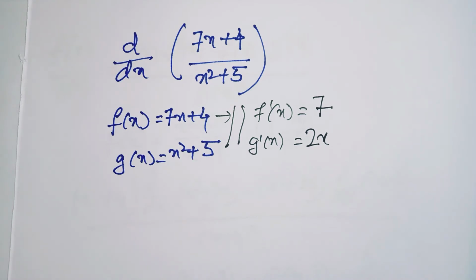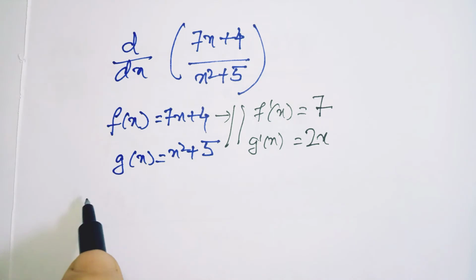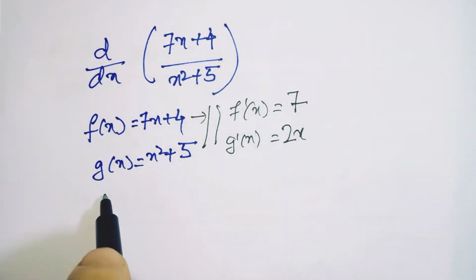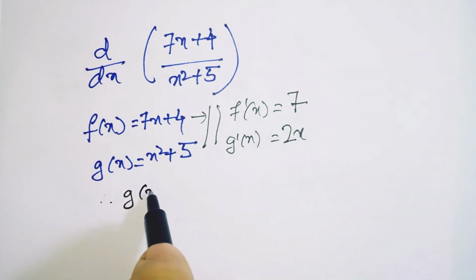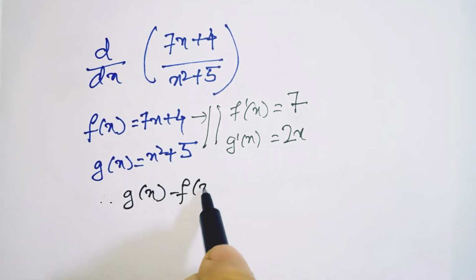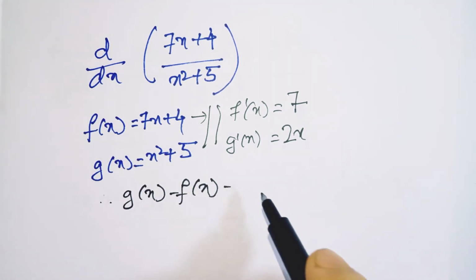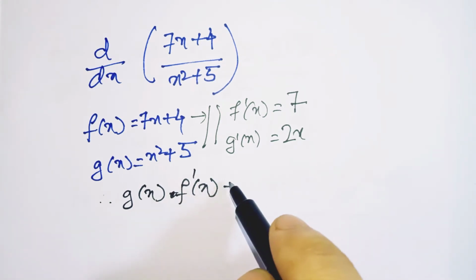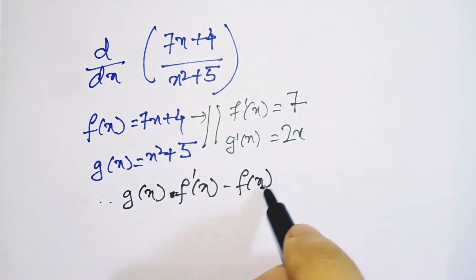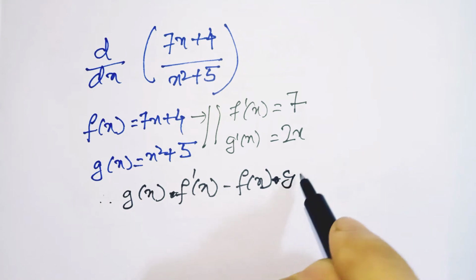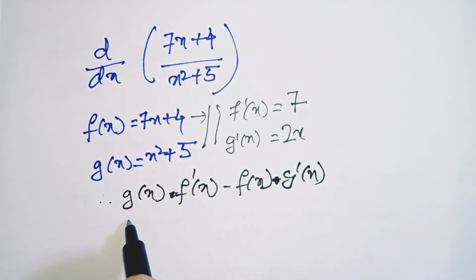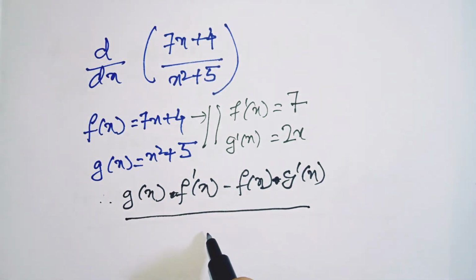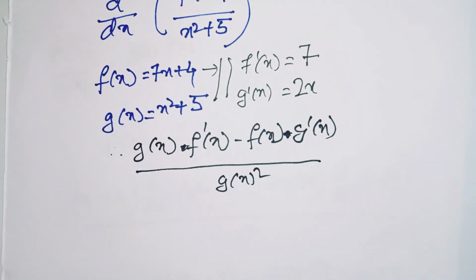Solving further, let me write the formula once more so that things become clear: g of x dot f prime of x minus f of x dot g prime of x, whole divided by g of x squared. So this is the formula of the quotient rule.